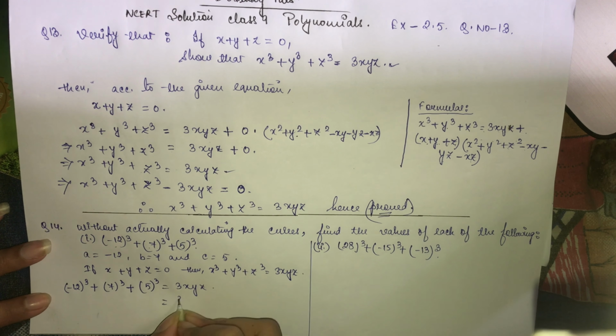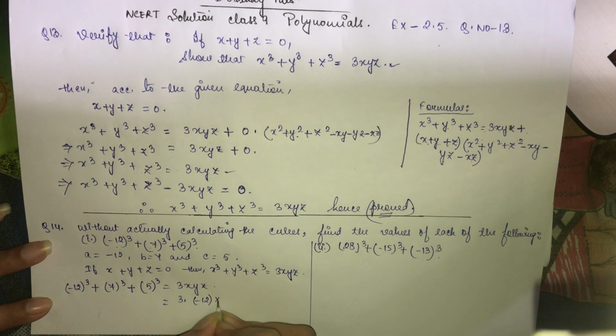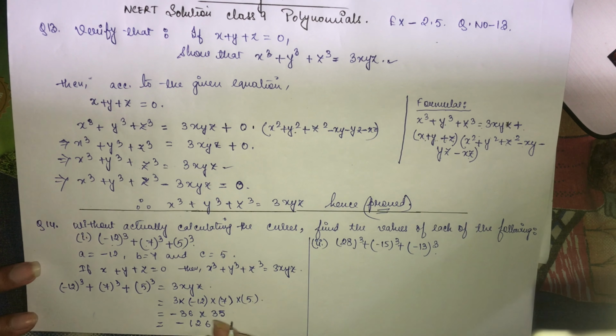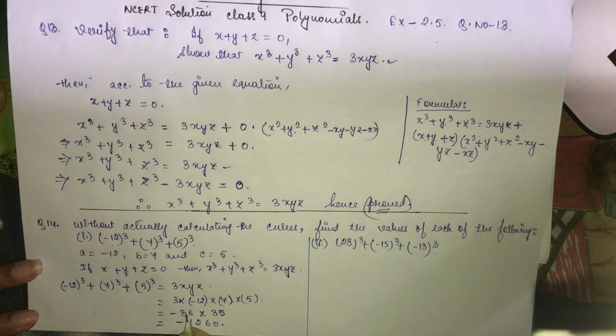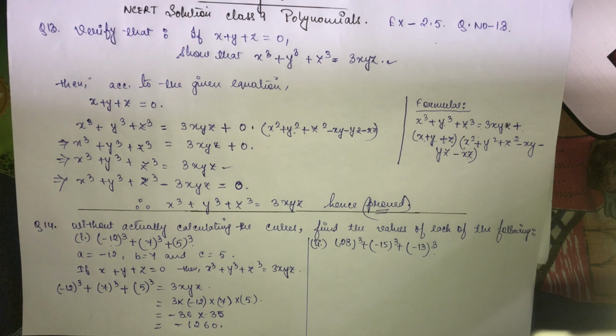So it will be equal to 3 into x is minus 12 into y is 7 into z is 5. Minus 36 into 5 sevens are 35, that is minus 36 into 35 is 1260. Okay students, so now let's go to the next one.